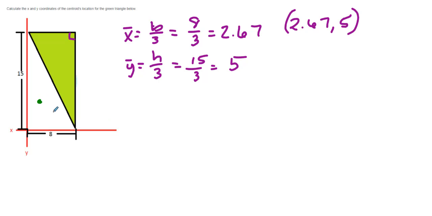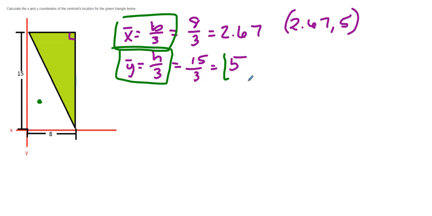2.67 and 5, though, if I were to graph that, would be off of the object. So the centroid, the center of gravity of an object, cannot be off of the object. It has to be somewhere on the object, right? Your center of gravity is not 10 feet away from you, it's somewhere on your body. So I said in the example that when you do these formulas with a right triangle, the answer that you find is the distance you must walk in towards the shape from the vertices of the right triangle.